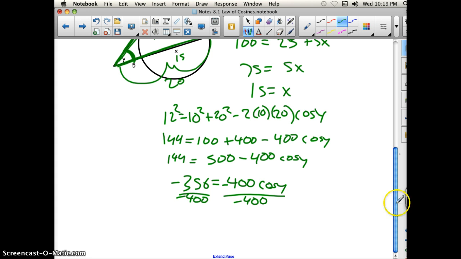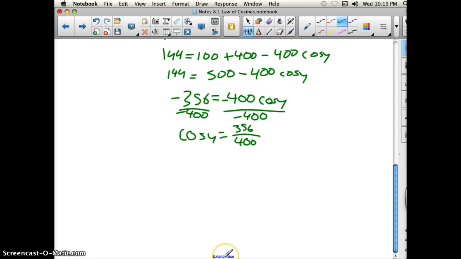And then I get the cosine of y equals, I'm not even going to bother to reduce this because I'm going to use my calculator to find y here. So that's going to equal the arc cosine of 356 over 400. All right, so let's see. That's going to be second cosine, 356 divided by 400.